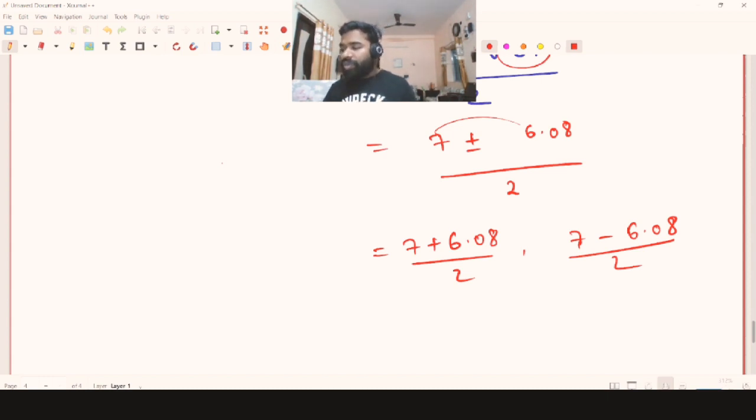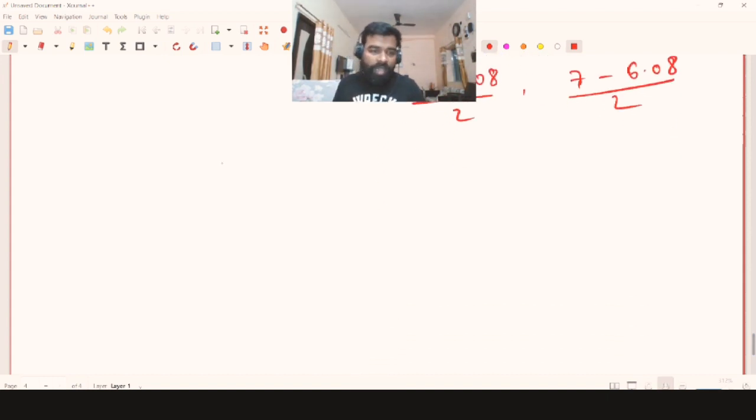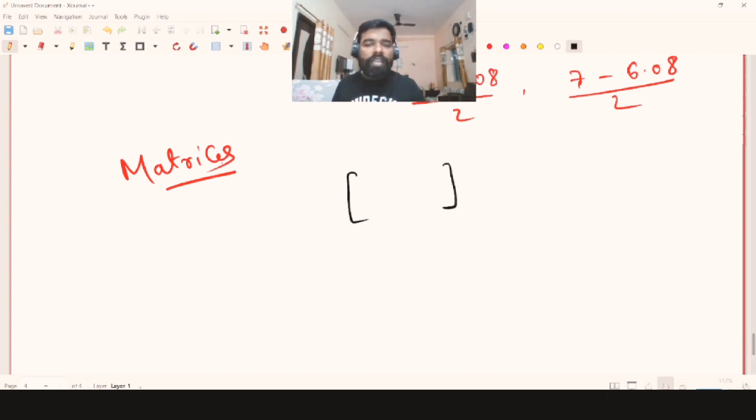So next I'll move to matrices. It's again a simple chapter. Matrices. It's something written in these brackets, either box bracket or you can call it square bracket, and this bracket.